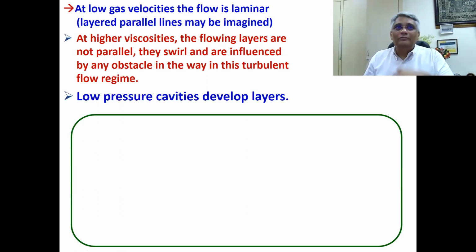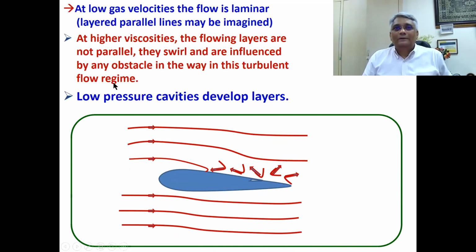Okay. And again, go back to the typical fluid mechanics that you must learn. This is a laminar flow. And this laminar flow is obstructed if you have an obstacle somewhere in the flow regime, and then once you have an obstacle, a pressure cavity is developed, right?